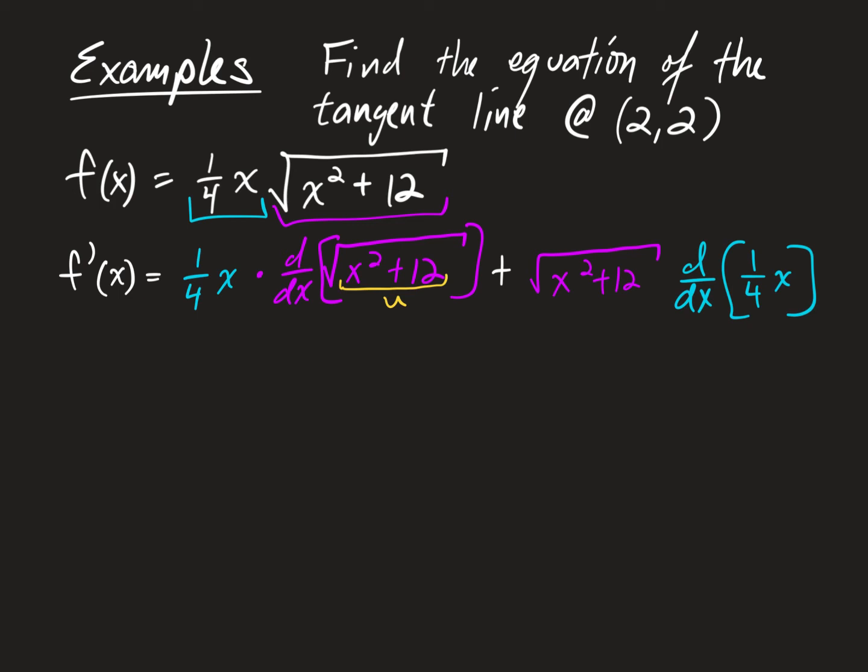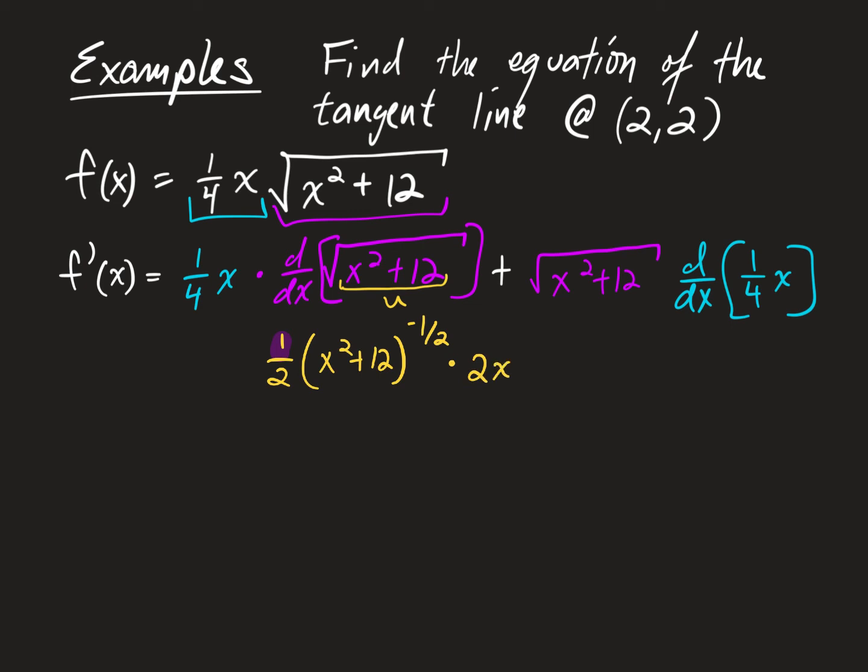It's the 1/2 power. So all at once, I can say something like it'll be the derivative of the outer function, so 1/2 times, leave the inner function alone, negative 1/2, times the derivative of the inner function.